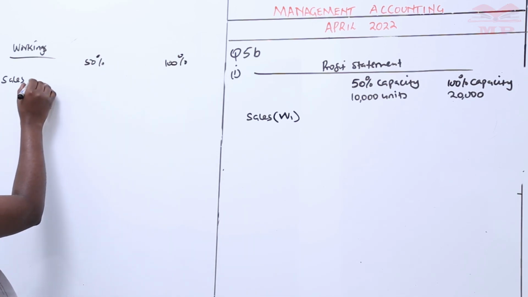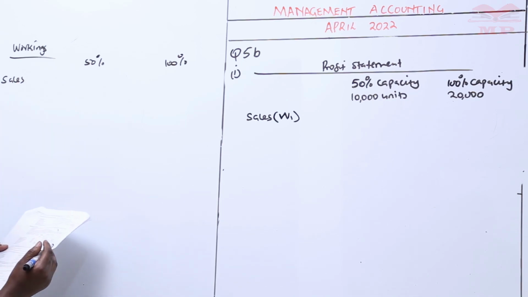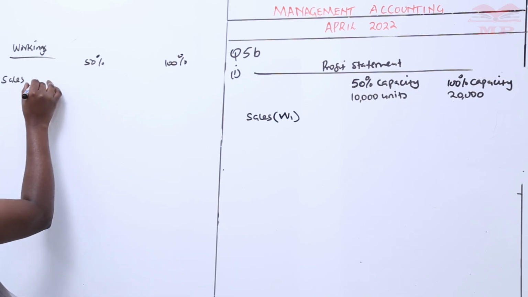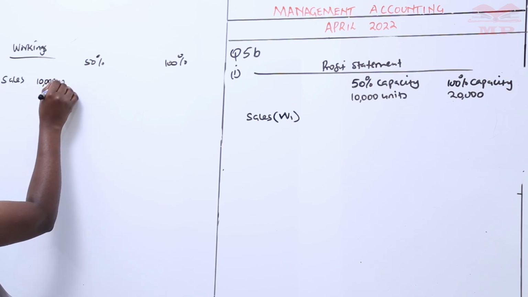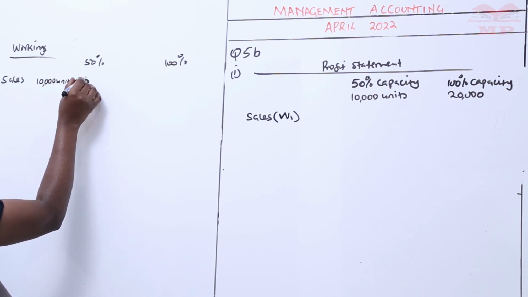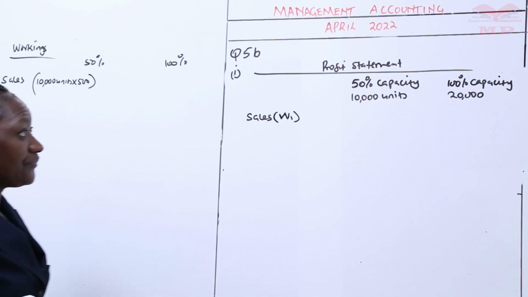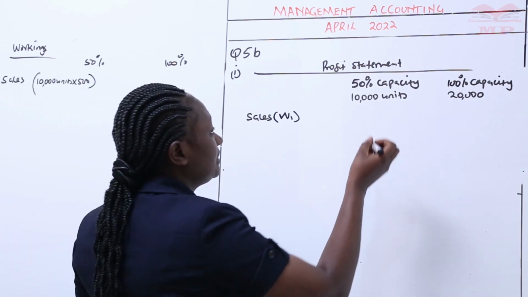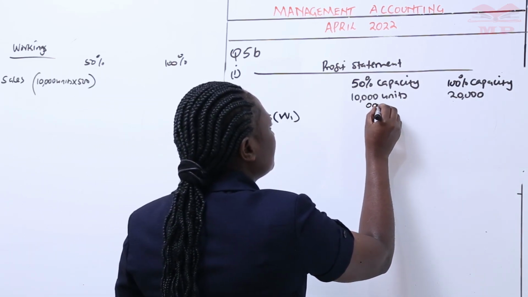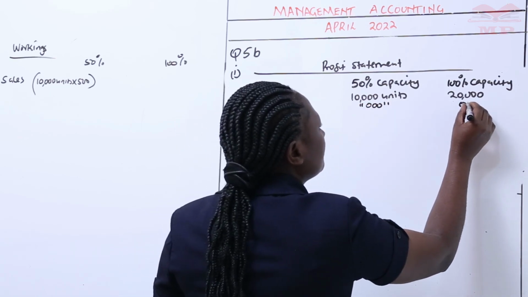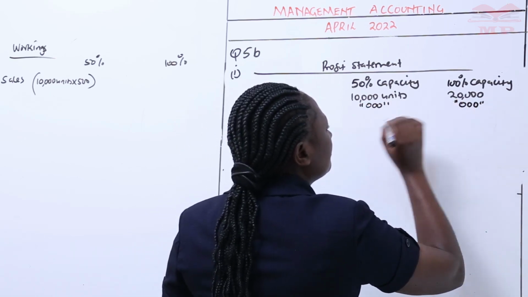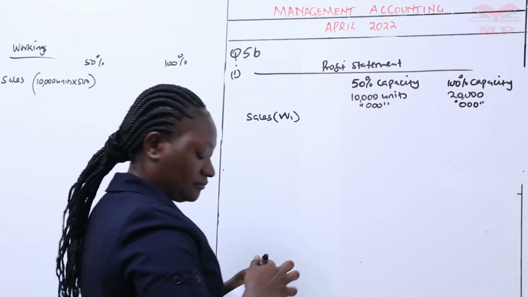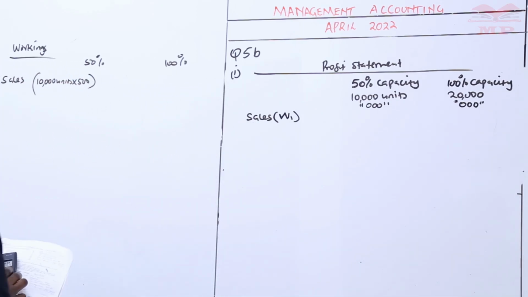So we are told that the selling price is 500 shillings and that at 50% capacity the units are 10,000. So take 10,000 multiplied by 500. What will you get? We can reduce this by thousands. So 10,000 multiplied by 500 will give us 5 million.